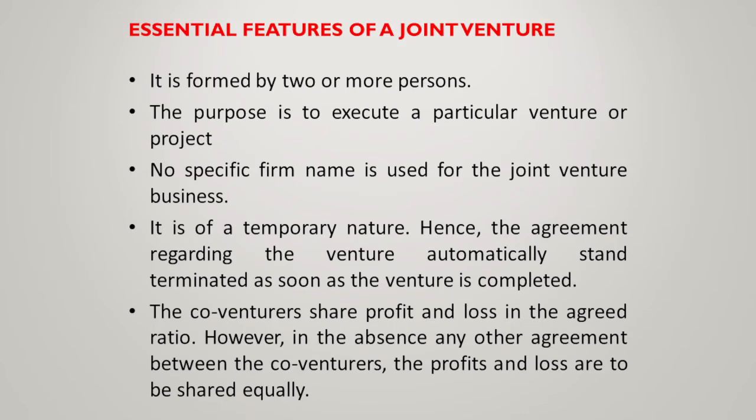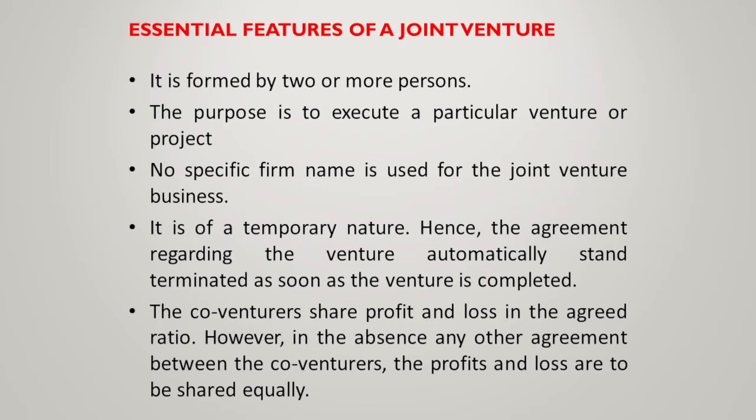Okay. So the first feature is 2 or more persons. Second one is to execute a particular venture or project. Third feature is name is not required. And it is of a temporary nature. We are already telling that joint venture is a temporary partnership. So the nature of the joint venture is temporary, and the agreement regarding the venture automatically stands terminated as soon as the venture is completed.